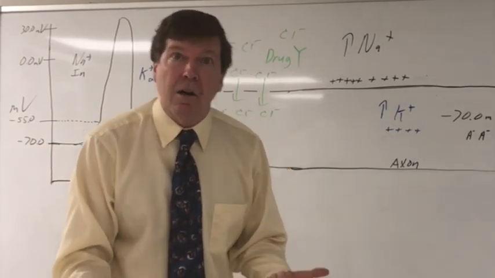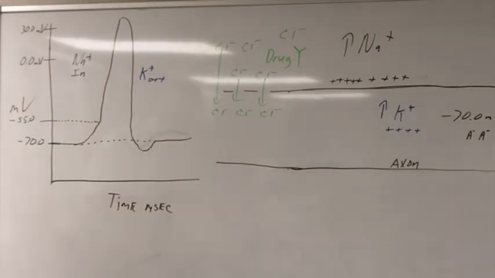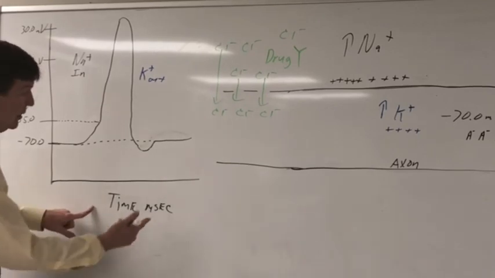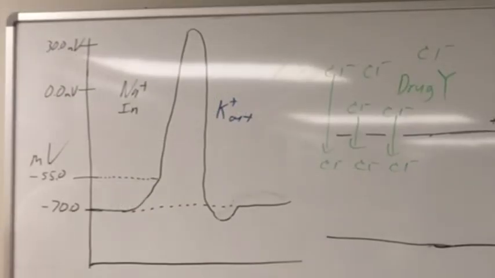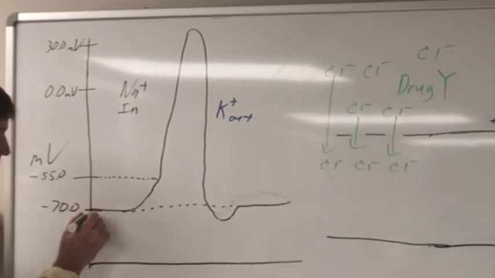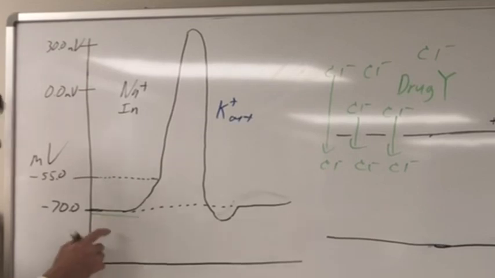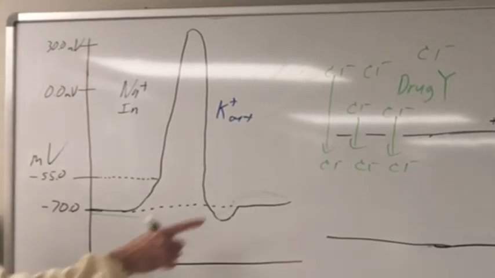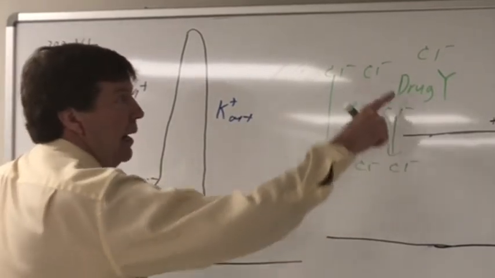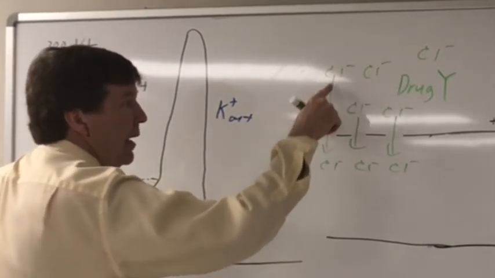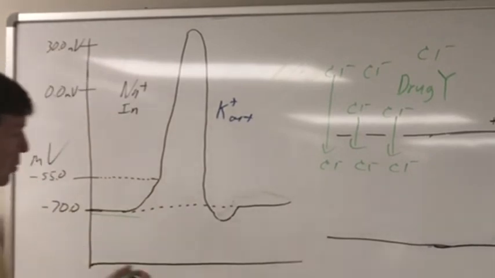So let's look at it on a graph. Again, we have millivolts here. We have time in milliseconds here. Notice, here we are at resting. So I've got a different color, and let's say we're following that same pathway. We add the drug at this point. So now we add drug Y. And notice we're having the Cl- move in.